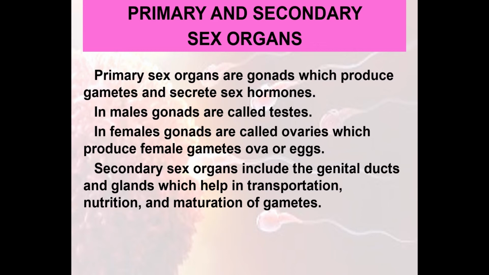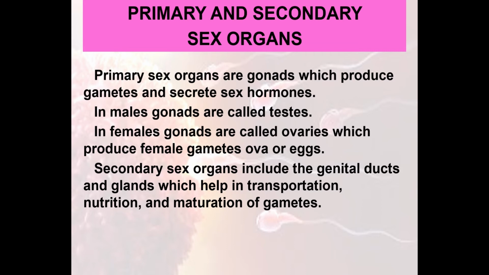In human, there are primary and secondary sex organs in male as well as in female. Primary sex organs are called gonads. These are those organs which are directly involved in the gametogenesis process.